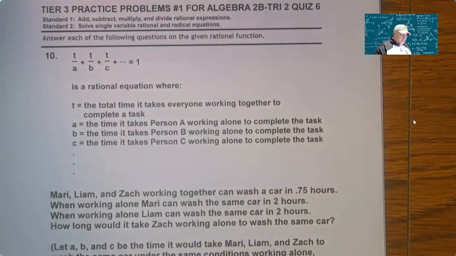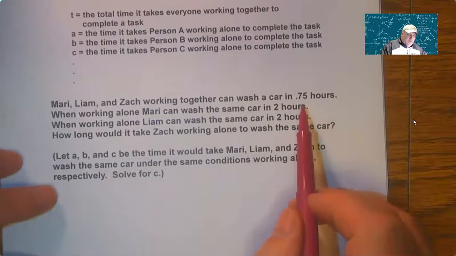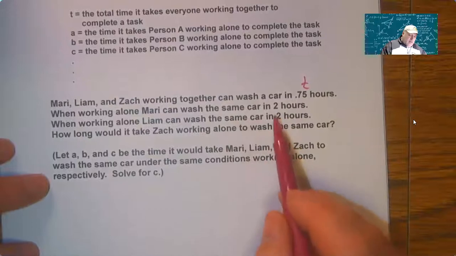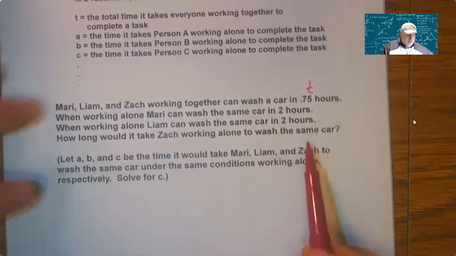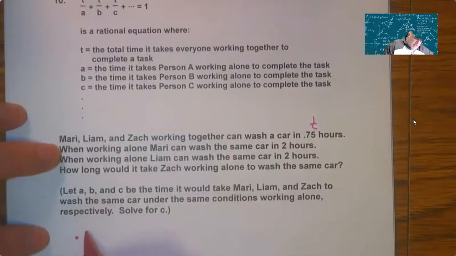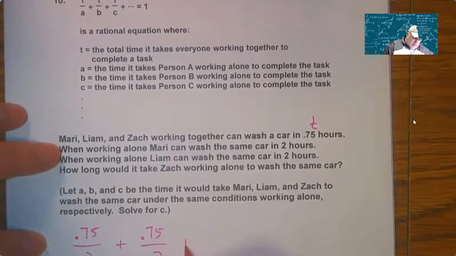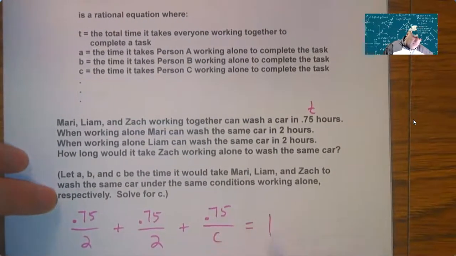Problem 10. So this looks hard, but it is not. Okay, so the 0.75 is the t, this first value here. And then the A, B, and C are the individual times. So the A we'll call Mary's time. And the B we'll call Liam's time. And then we want to know Zach working alone.